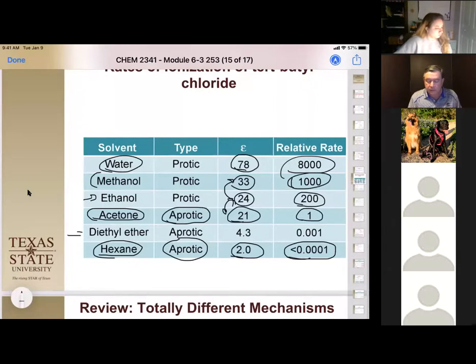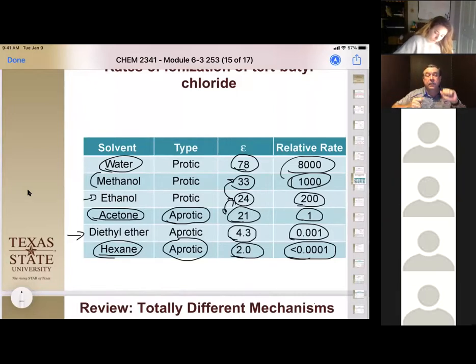And diethyl ether, which is a little bit polar but aprotic, has a very poor reaction rate. So in our Sn1 reactions, think, what solvent am I in? Okay, I'm in a polar protic solvent. Now I have to compare Sn1 and Sn2 and what my nucleophile is.